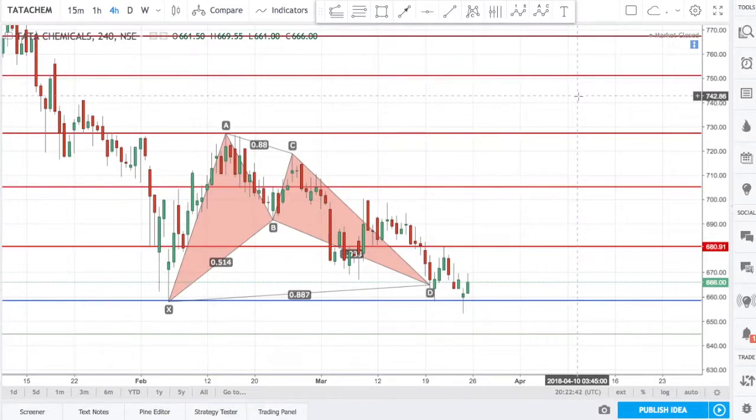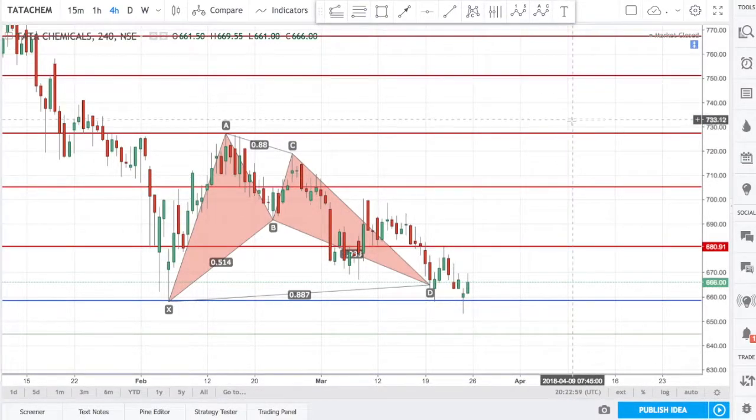So let's now pick each of the references that I have mentioned before and see if those references support our assumption to go long on Tata Chemicals.